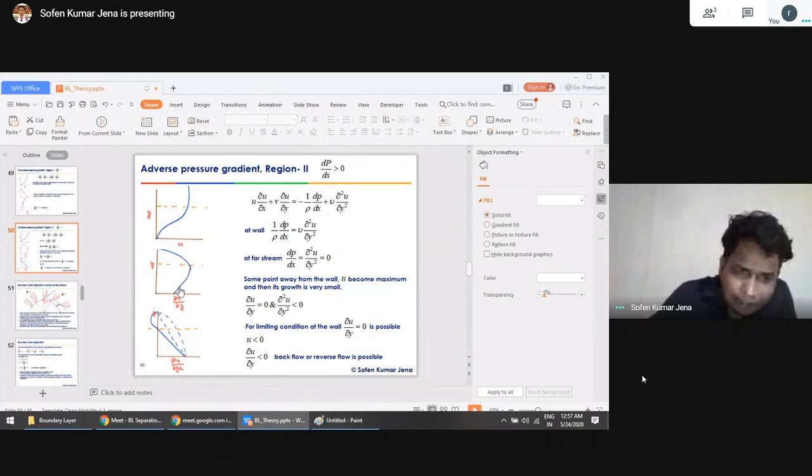So while the del u by del t term, what will happen over here? What is the del u by del t? This has some finite value at the y equal to 0 location. At the y equal to 0 location, even if the velocity is very, very small, del u by del y has some finite value, right?